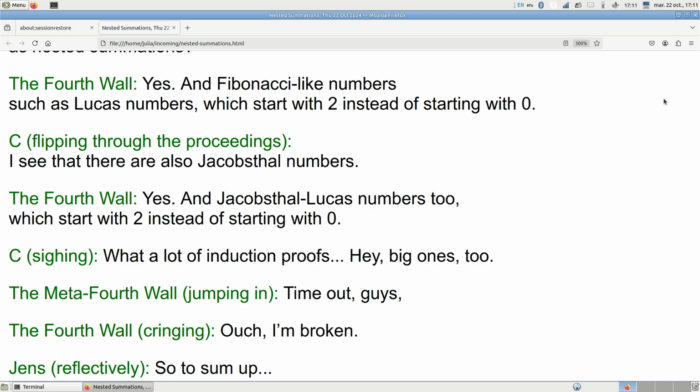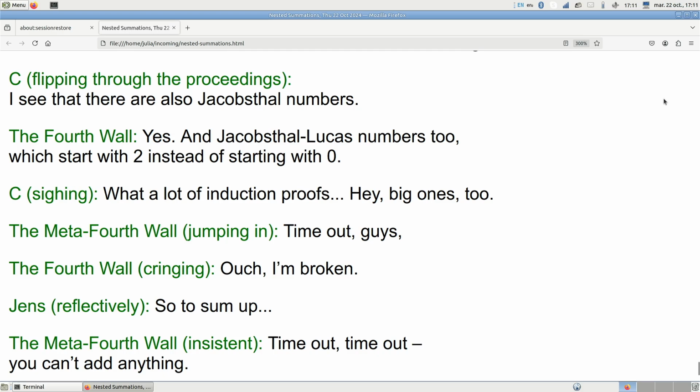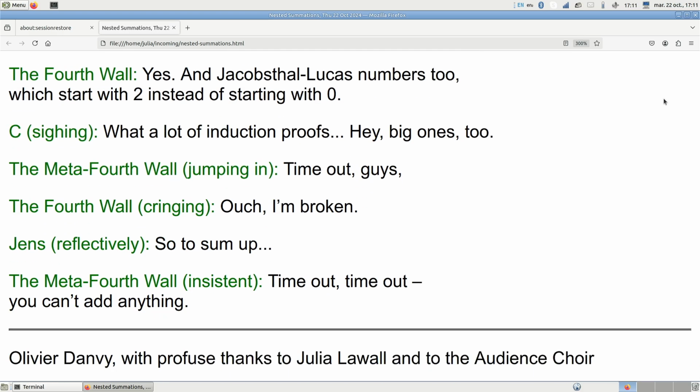I see that they are also Jacobsthal numbers. Yes, and Jacobsthal-Lucas numbers too, which start with 2 instead of starting with 0. What a lot of induction proofs. Hey, big ones too.